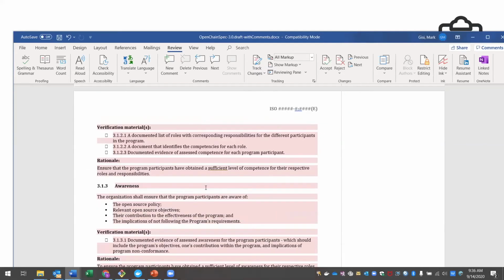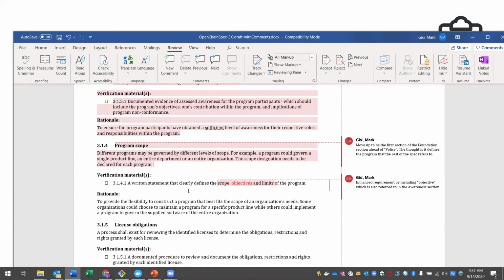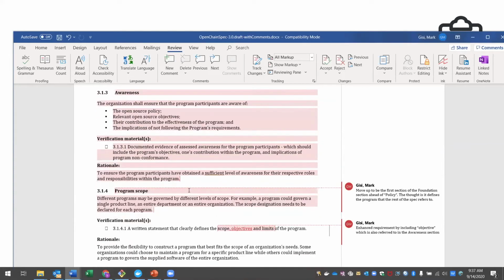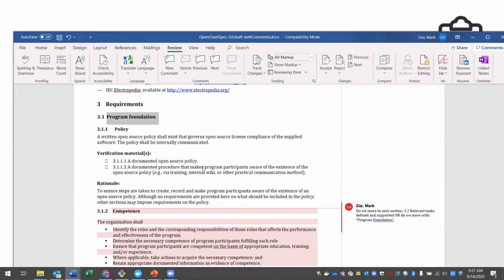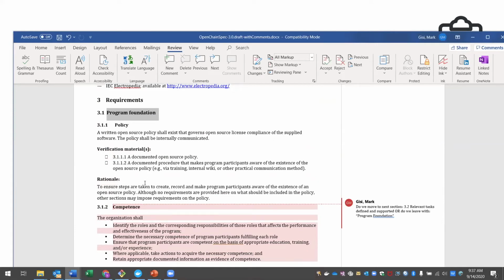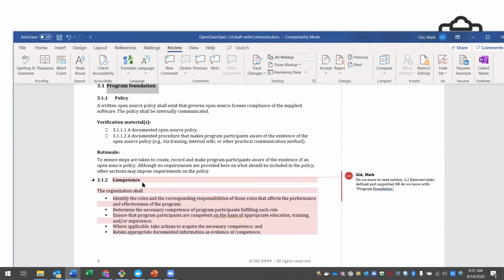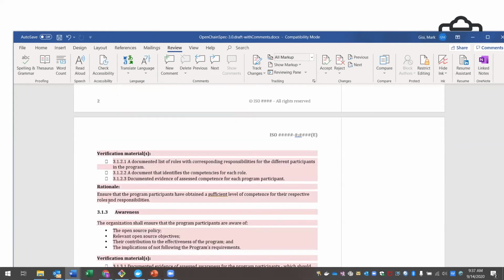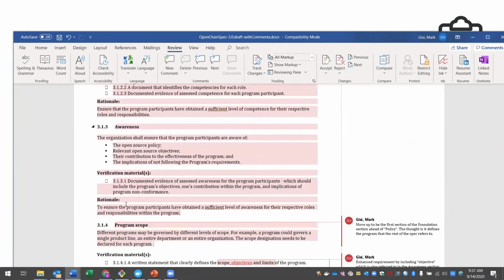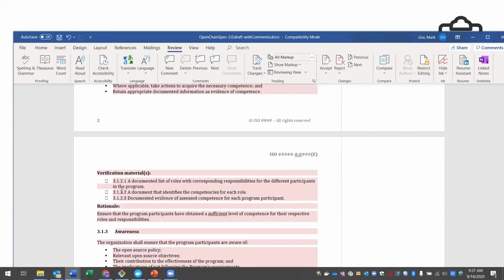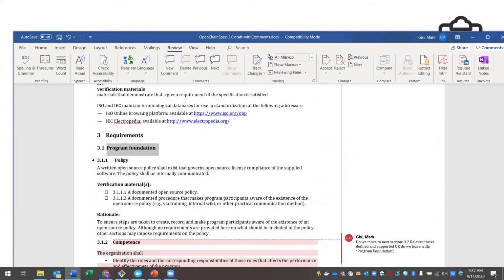Okay, and the other thing that was, go ahead, yes, comments? I had a question on, you said you're going to put program scope above policy. Yes, so this section here would simply move up to occur right before policy, ahead of policy. I guess in my mind, policy is the first thing.